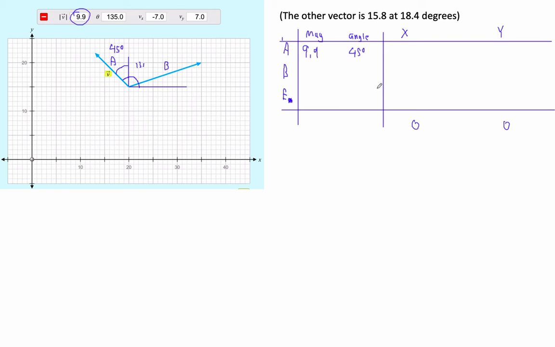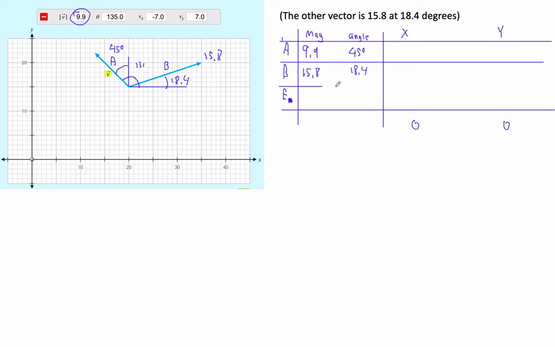Okay, so let's figure out what B is again. Okay, so B, the other vector, is 15.8 at 18.4 degrees. So this angle here is 18.4, and this is 15.8. And this 45 degrees is that one right there.